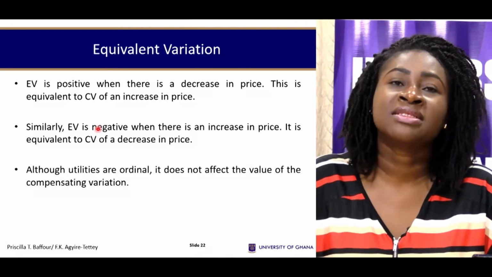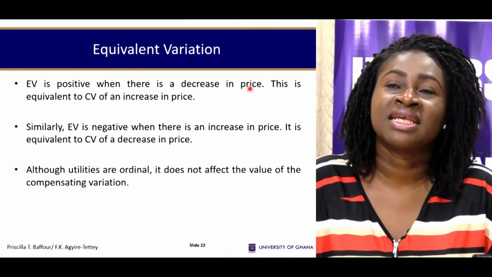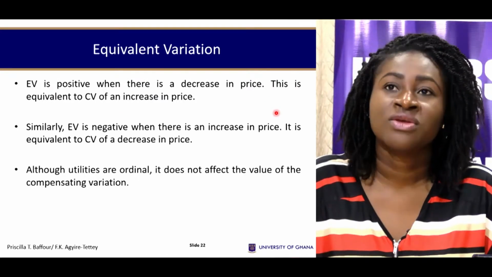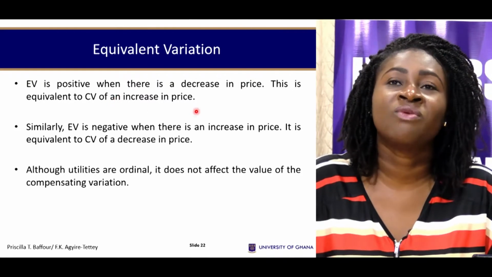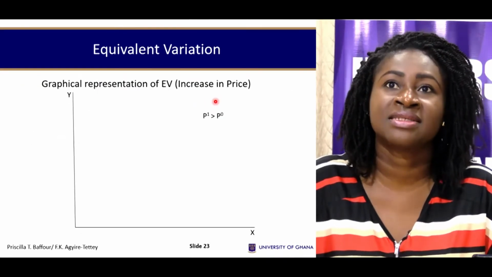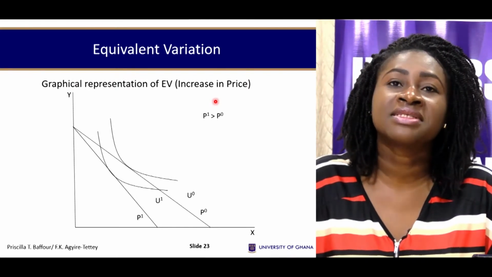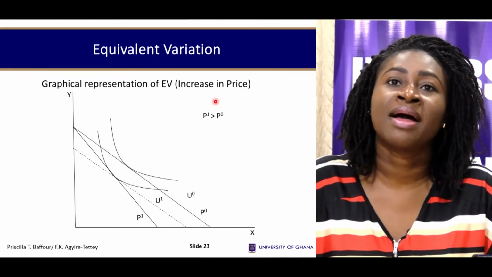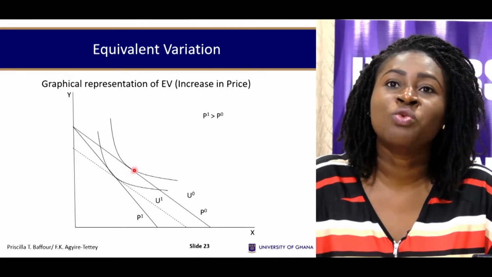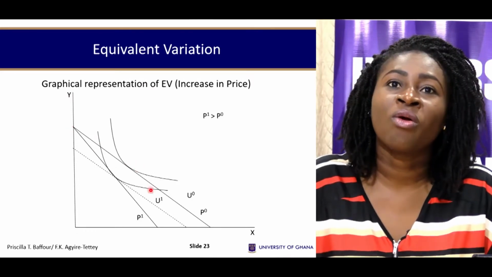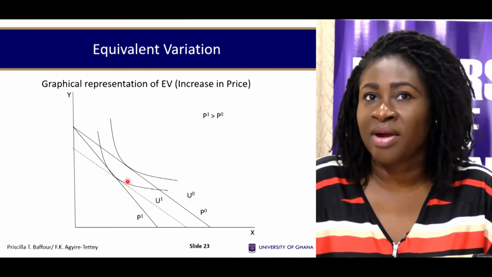So in terms of equivalent variation, it is positive when there is a decrease in price, right? So this is equivalent to compensating variation when there is an increase in price. So let's see. With equivalent variation, we see that an increase in price makes the consumer worse off, right? So we want to see how much money we should take away from the original budget of the consumer to make him equally worse off as the price increase.